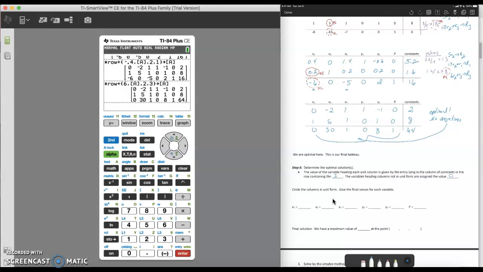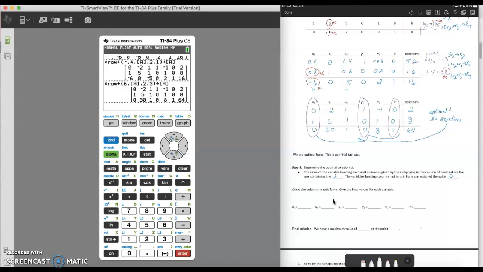Okay, so that is kind of hard to understand maybe, but what this means is look at your unit columns. So your unit columns are the ones that have zeros and a leading 1. So in this case, I have 3 columns in what we would call unit form, where they have a 1 and everything else zeros. How we read this off is every time you see a 1, you want to follow that all the way over to the constant and it gets that value.